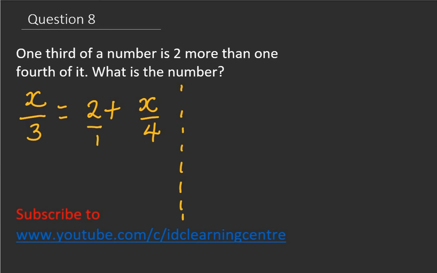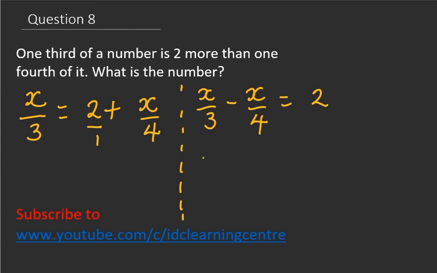Or you can just collect like terms. Move x divided by 4 to the left hand side to meet x/3. Now x divided by 4 is carrying a positive sign. As it crosses the equal to sign, it changes to minus x/4, equal to 2 standing alone at the right hand side.